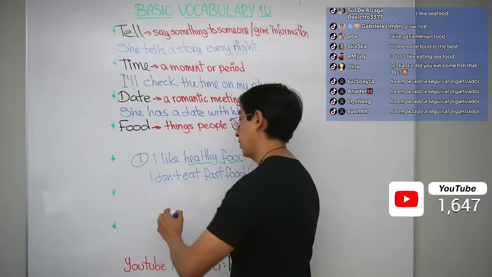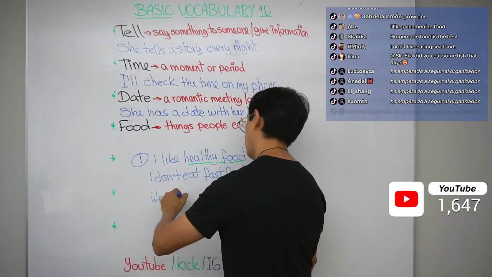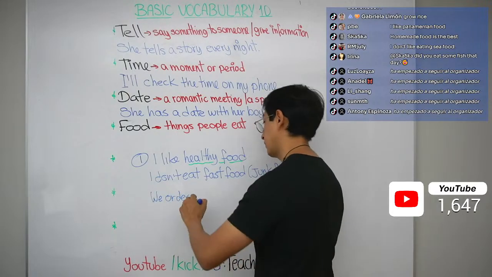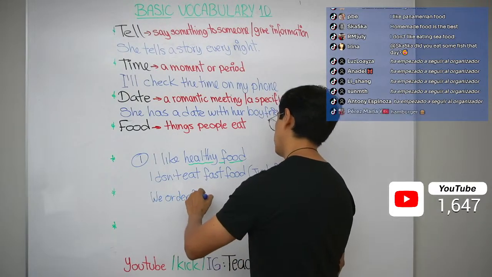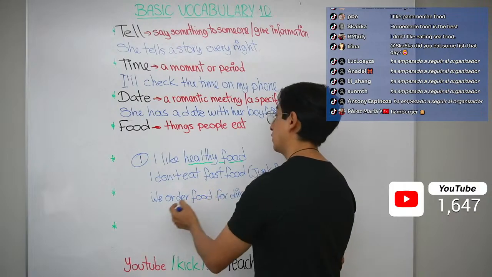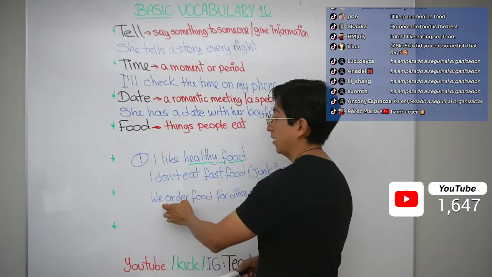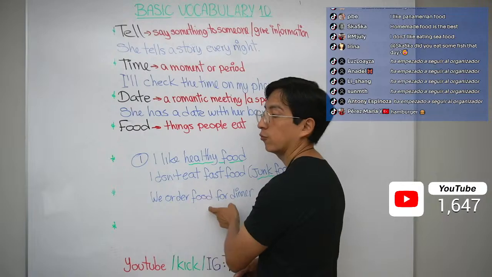What else, guys? We can say we order food for dinner. Look at this one, okay? This is an important verb. Order food.